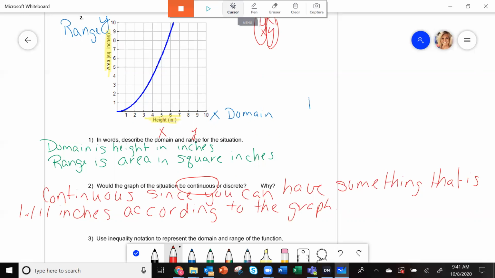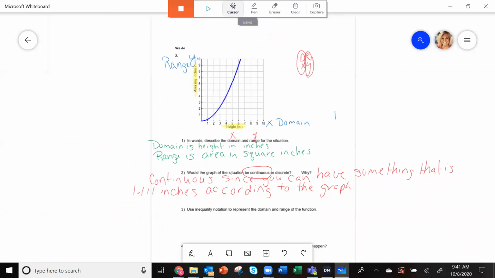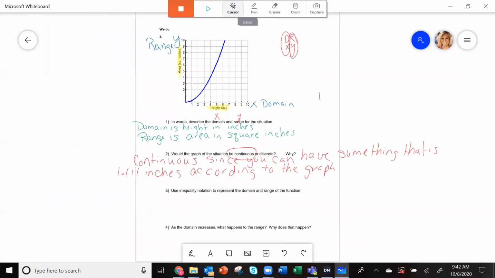So now down below, again, it talks about representing your domain and range with inequality notation. All right. So, sorry, I was trying to move that. So I have domain is X, range is Y. Now, I'm going to box that in. To find my domain, remember my domain goes from left to right.